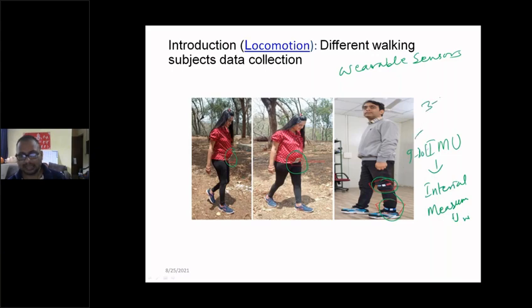Out of these 9 degrees, 3 degrees are for the accelerometer. If you have any doubt, you can ask what an accelerometer is. 3 degrees are for the gyroscope and 3 degrees for the magnetometer. The accelerometer is used to measure acceleration around the XYZ axes.